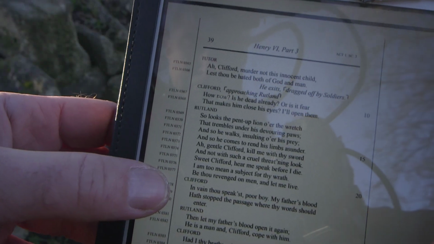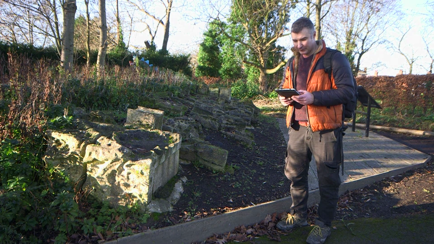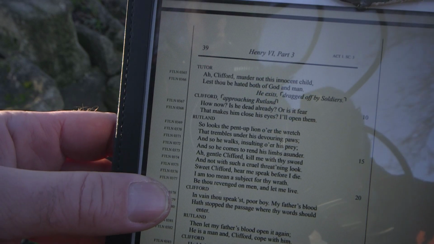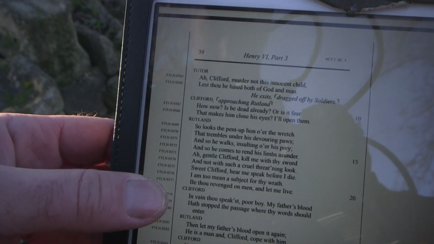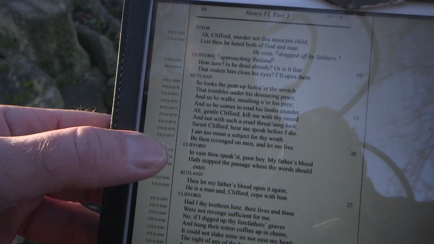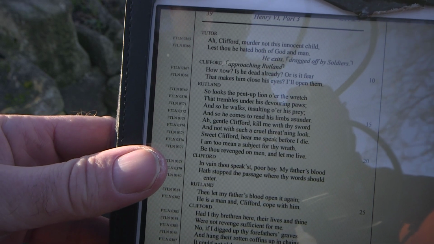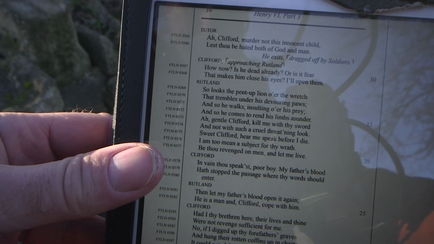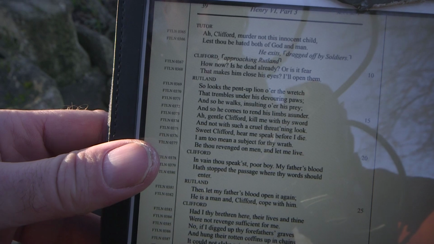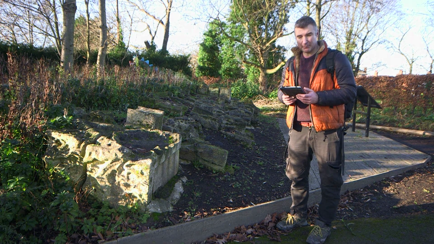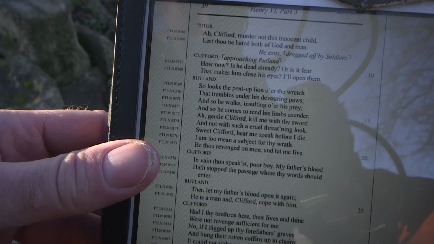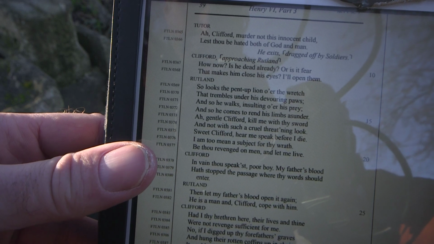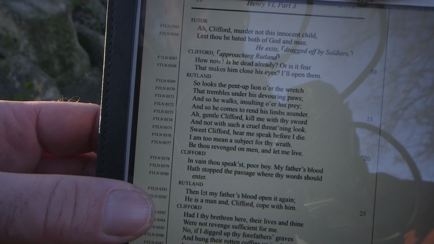And Edmund says, "Our gentle Clifford, kill me with thy sword, and not with such a cruel threatening look. Sweet Clifford, hear me speak before I die. I am too mean a subject for thy wrath. Be thou revenged on men, and let me live." And Clifford replies, "In vain thou speakest, poor boy. My father's blood hath stopped the passage where thy words should enter."